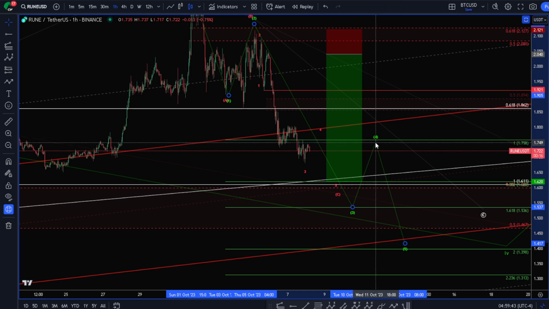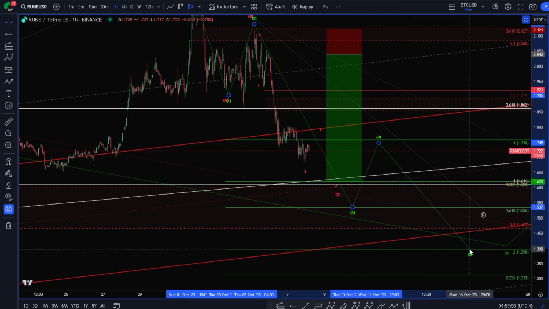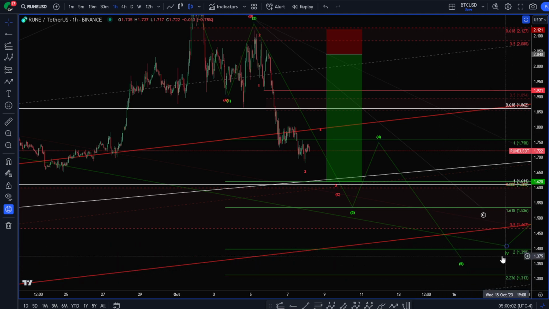We expect our correction up to around the 100% at the 1.758. Now I would pull fibs on this after for the 382 and the 50, but it's generally the same area as long as we reach the 1.618. And then our 5th wave down to between 140, as you can see, and 131.